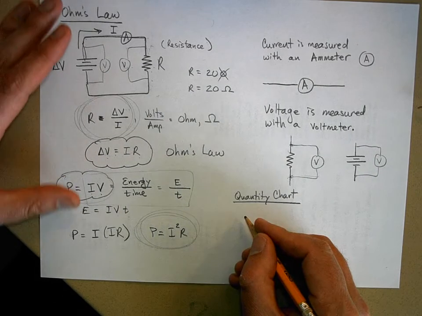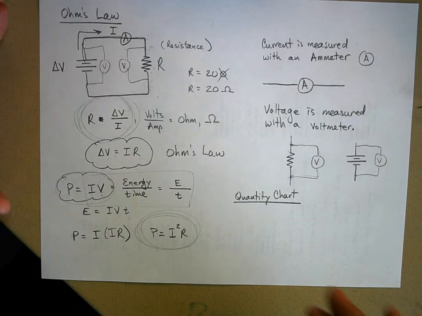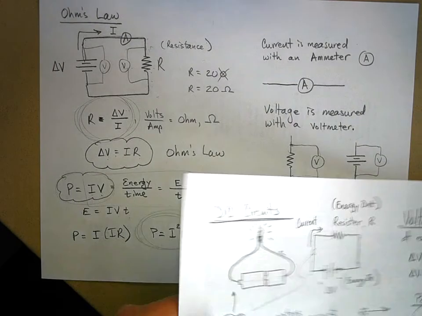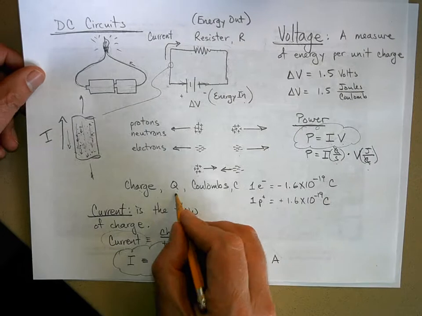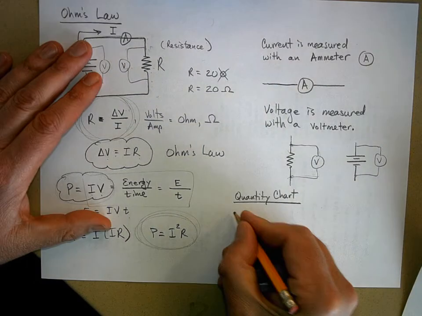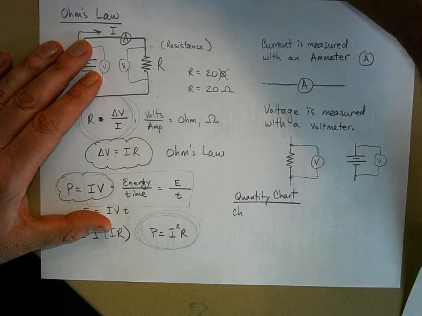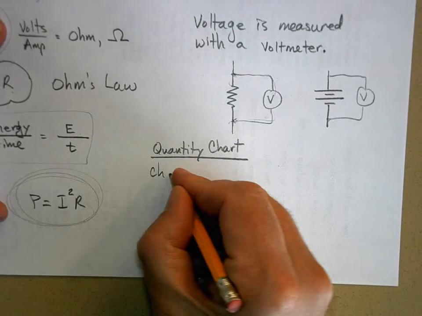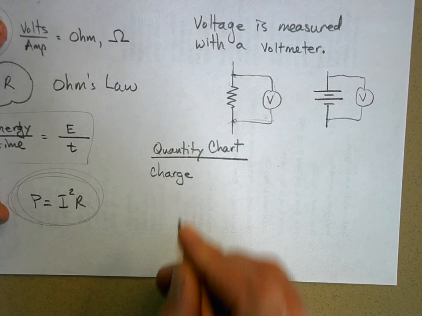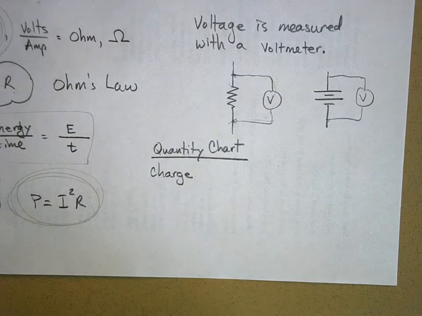Whatever. So what are the quantities that we've dealt with so far today? Let's look right here. We dealt with charge. That's kind of a basic one. So we've got charge. Let me zoom in. We've got current.